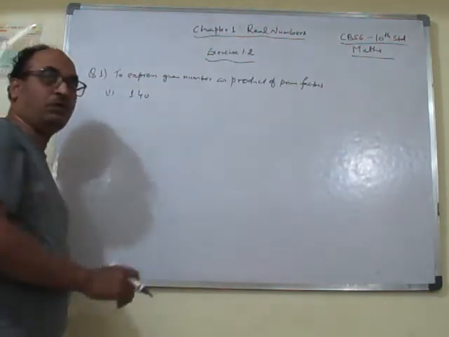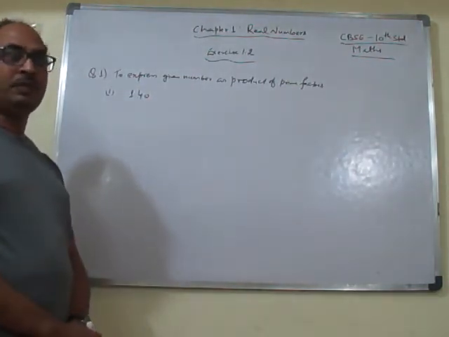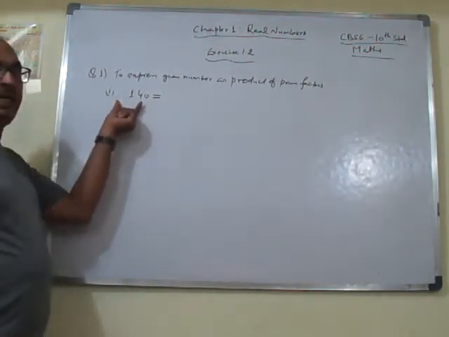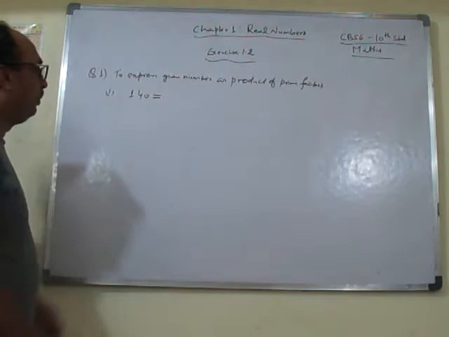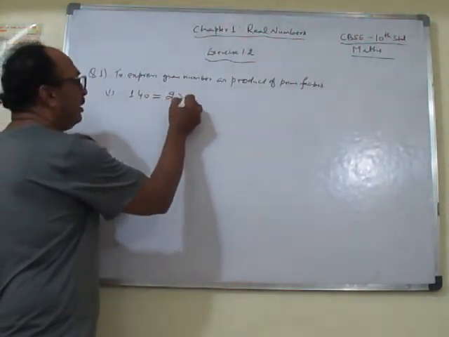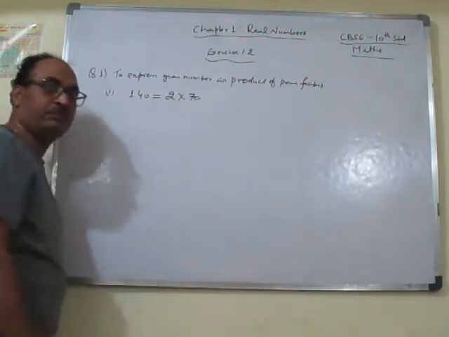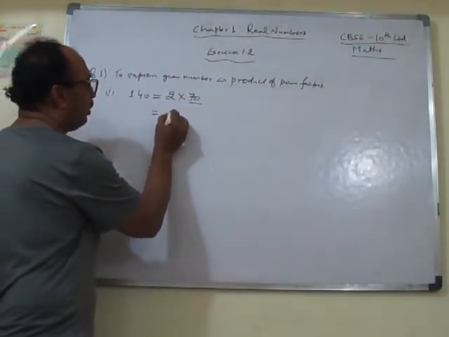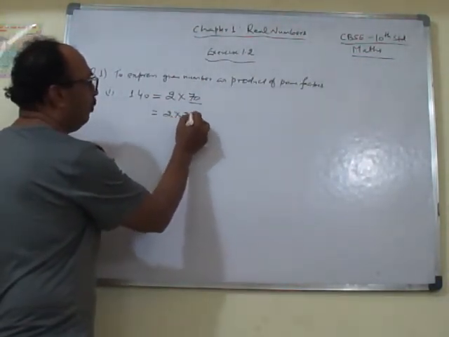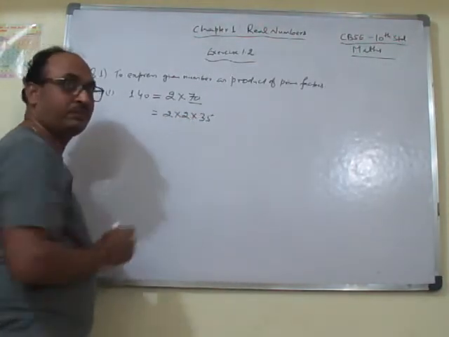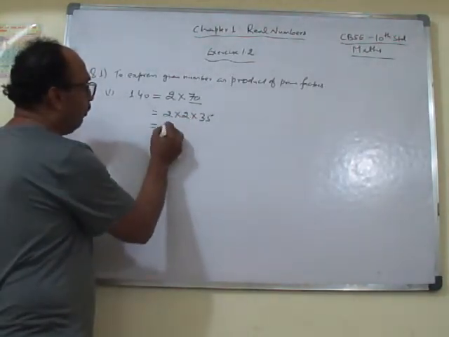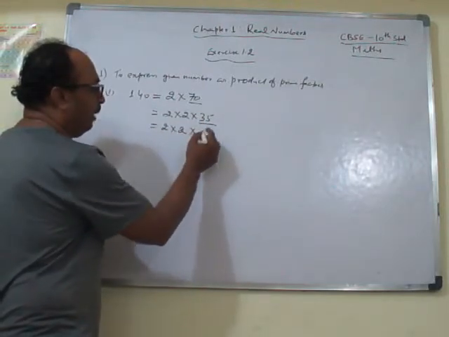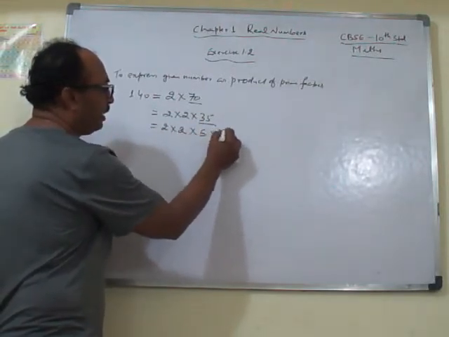So 140, as we know, is divisible by 2, so immediately we can write 2 into 70. Further, this needs to be converted into a product of primes. So again 2 into 35. Again we go for converting this, so 2 into 2 into 35, which makes it 5 into 7.